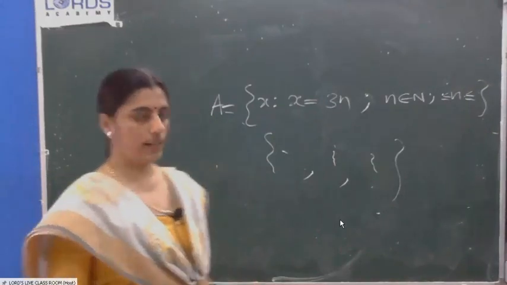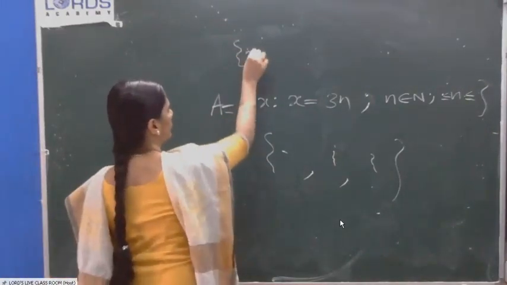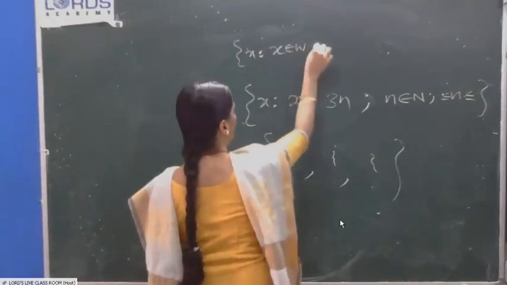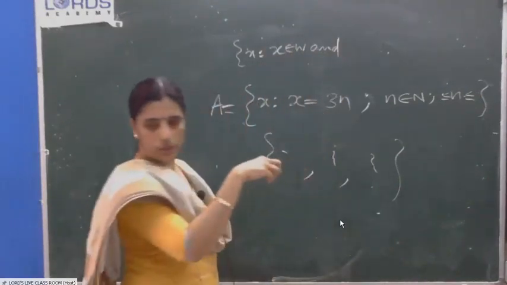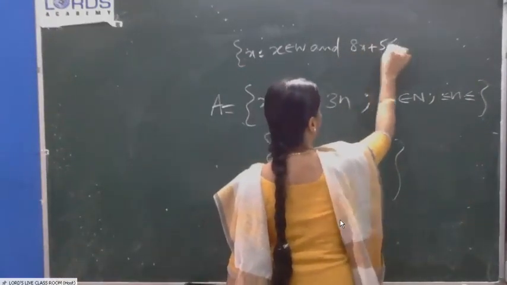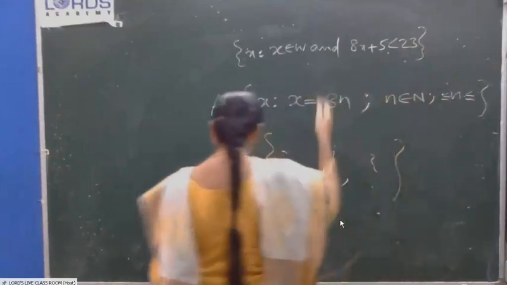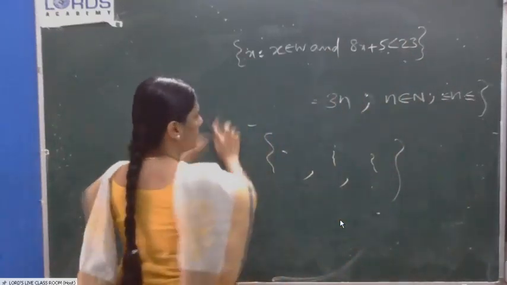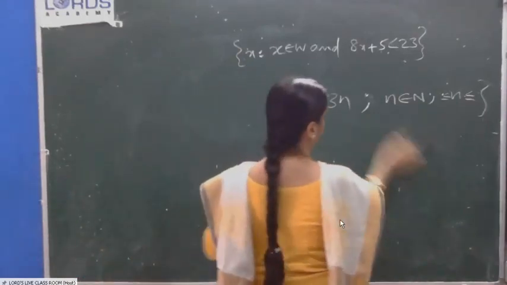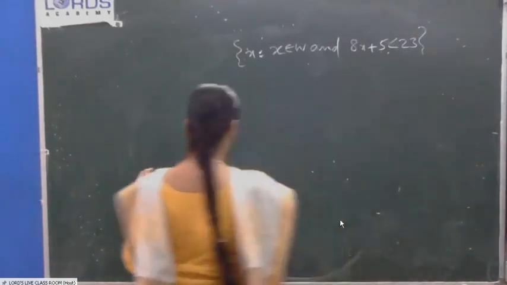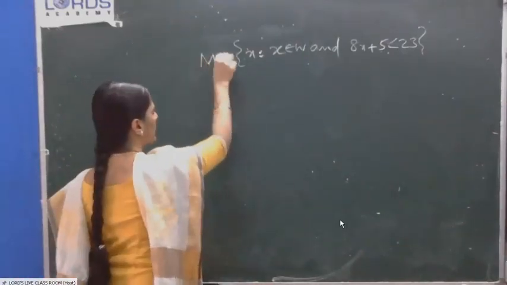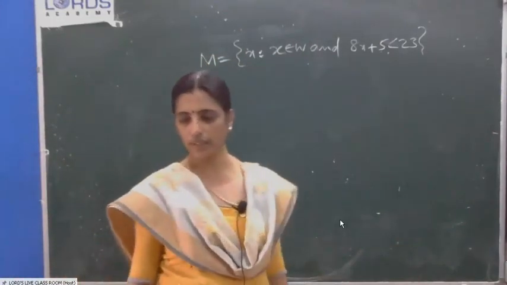X such that X belongs to W and 8x plus 5 less than 23. This is the question. This is the rule method, and you have to write it in tabular method. They didn't name it, we can name it as M or something like that.